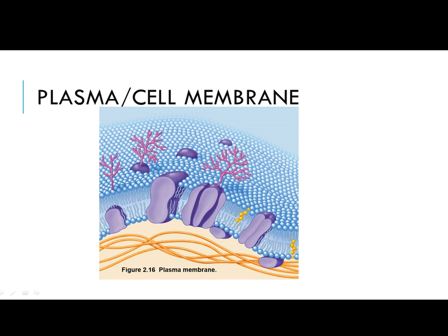Protein C. It's integral. It doesn't go through two layers, but it is in one layer. So it's integrated into the membrane. Just because a protein is integral to a membrane, it doesn't have to span both layers.